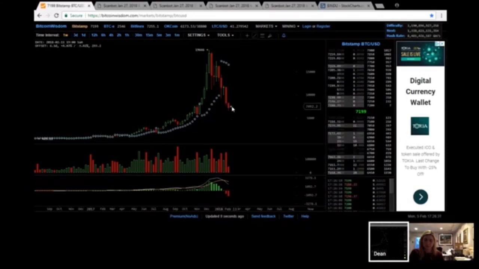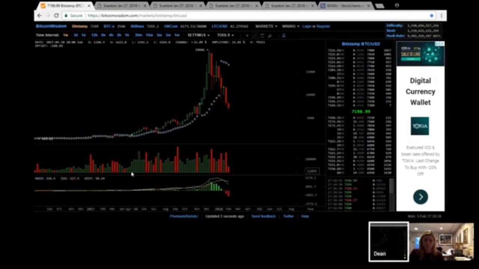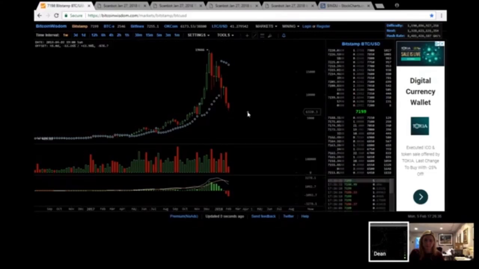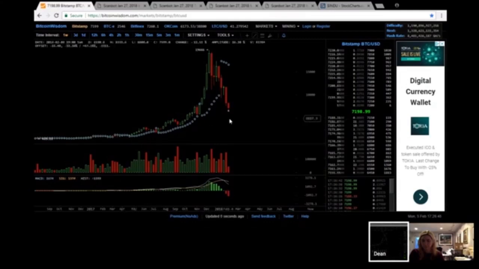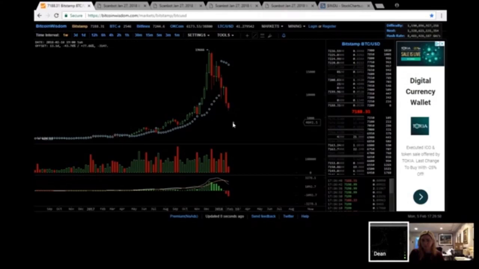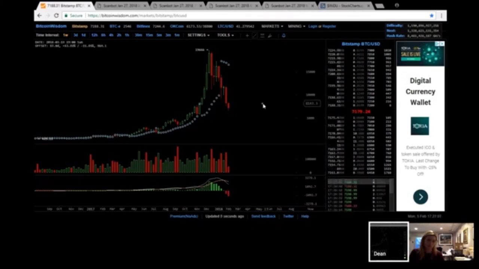And there's nothing magical about that, except it is the phase 3 line coming from much earlier in the development of this hyperwave. If we're able to hold 6,300 on a closing weekly basis and move up from there, then I will be able to declare that we are still earlier in this hyperwave.